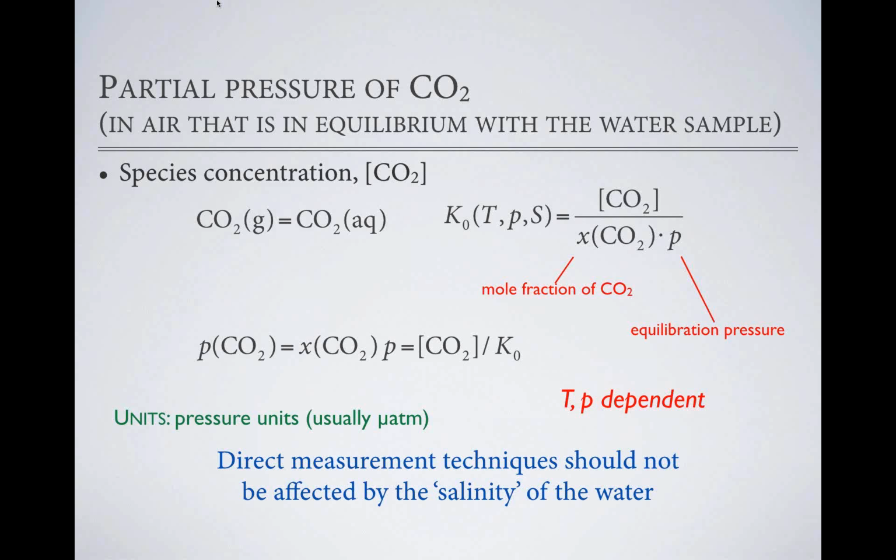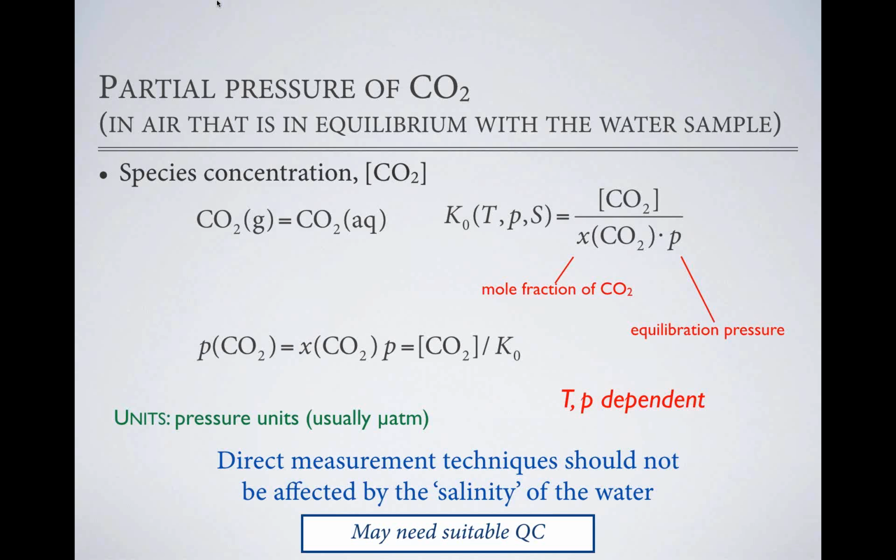Other techniques involve having a membrane and the CO2 passes through, and that will be somewhat affected by the salinity of the water, but probably not a lot. It comes back to how big a problem you have, but I'm not aware of how scrupulously those devices have been tested over a range of different salinities.